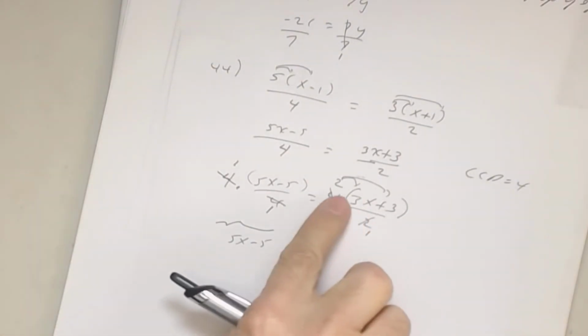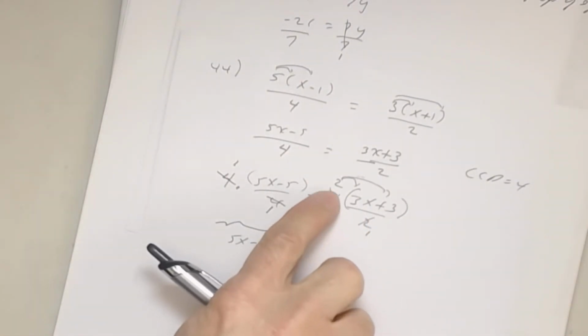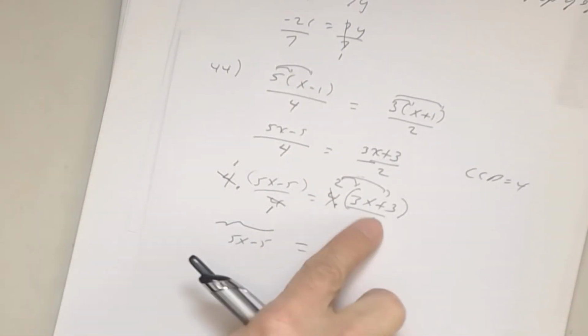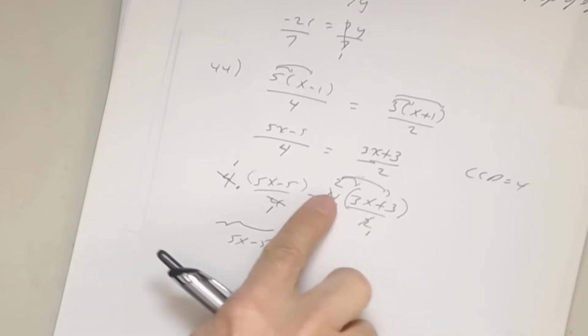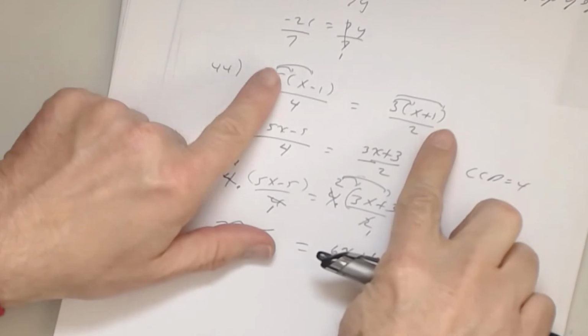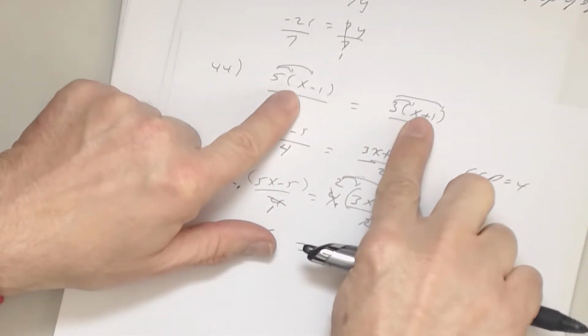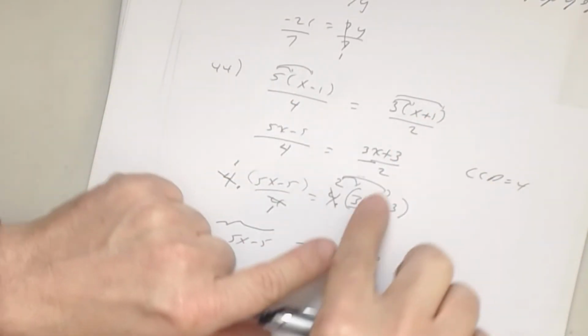But you've got to be careful when you reduce, and this is no longer a 1, because everything in that numerator has to be multiplied by 2. Okay, so what's this step right here? 6x plus 6. So I really used the distributive property there. I used it in the original part, step 1, and I used it here.